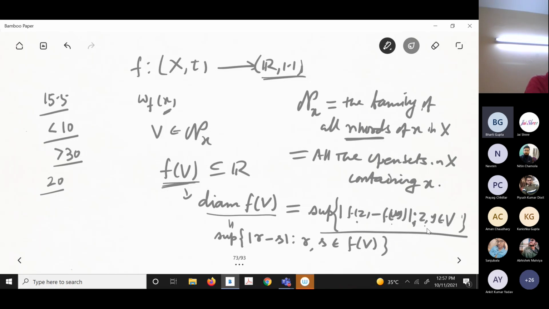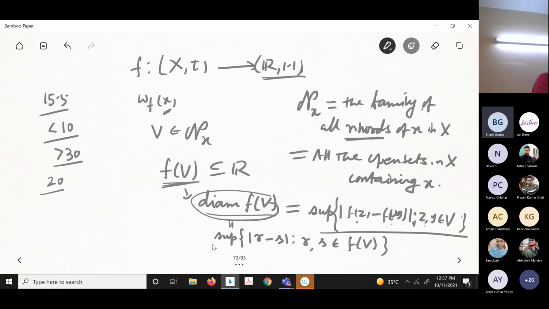Now for continuity at a point, I told you the intuitive idea of continuity: close points in the domain should be close in the range. So the diameter should be as small as possible. That is exactly what I have given for the oscillation.